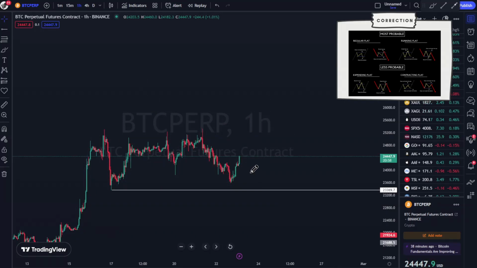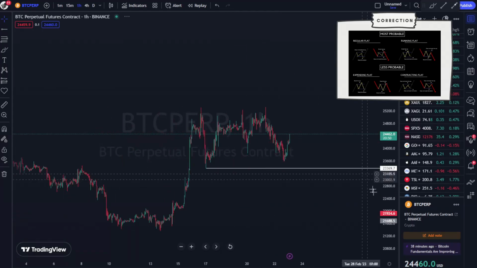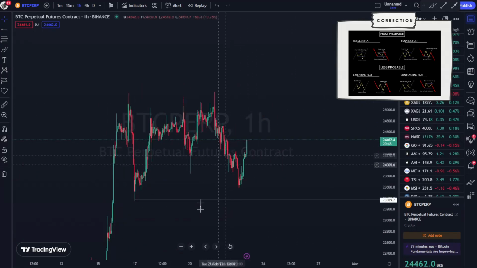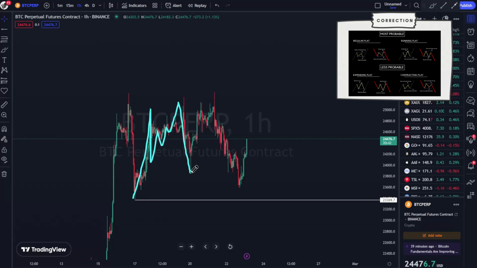Now, I told you that I was going to talk a little bit more about how you take the trade. So it's simple. It's not really simple, but there's multiple ways to take the trade. So you know that it's a running flat because you have this up move, this correction after that up impulse within your range, then this came up and broke the top.